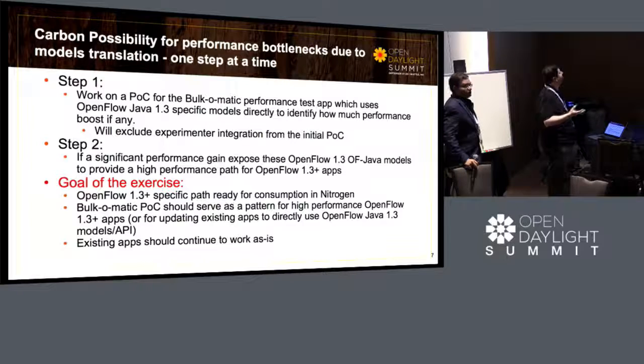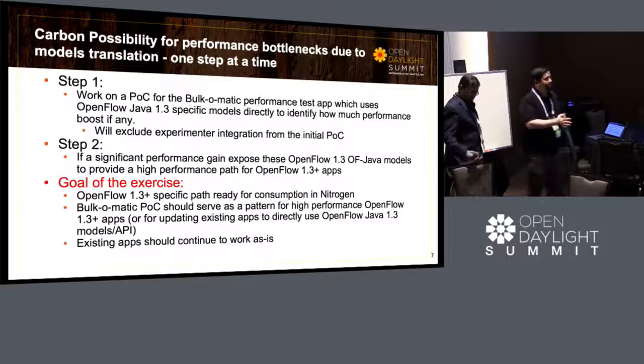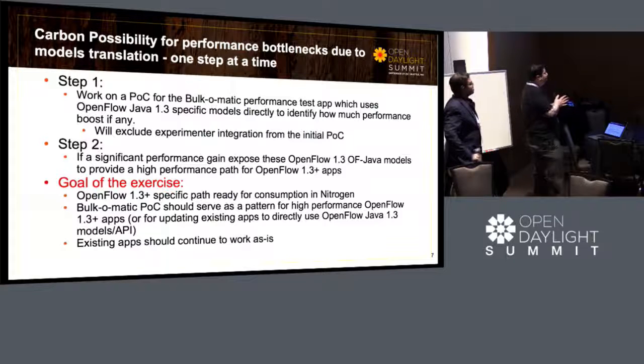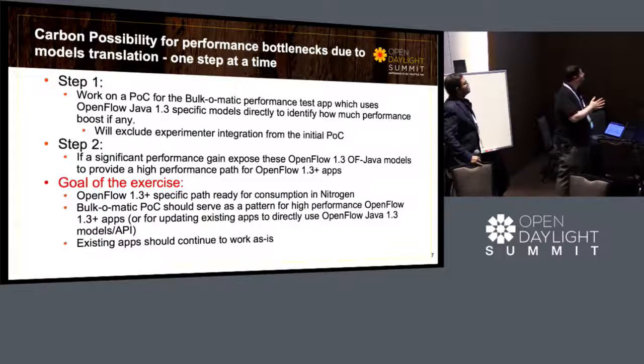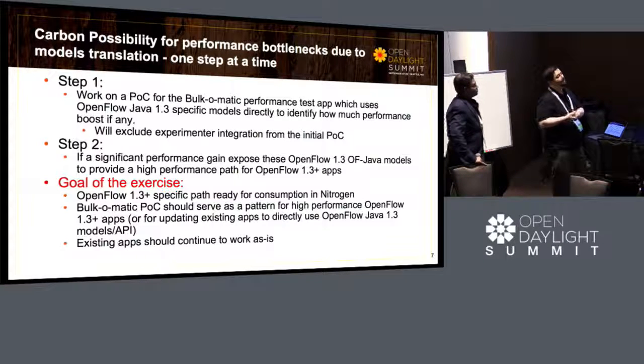So this POC, first of all, will exclude any experimental integration in this initial POC. But the second thing is, if we really do see a performance gain, then we could expose these OpenFlow 1.3 OF Java models to the applications to provide a high performance OpenFlow 1.3 apps path.